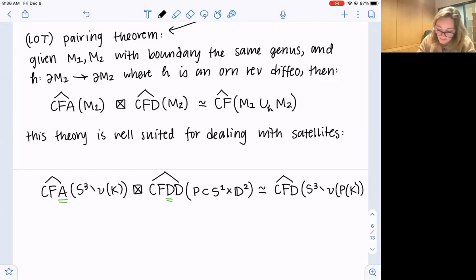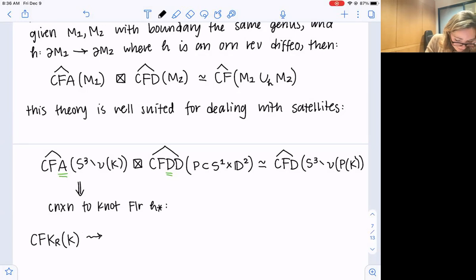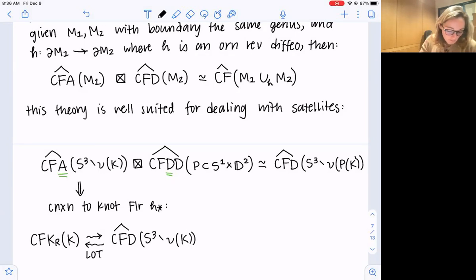And why this is a useful thing to have is from the following. This is maybe the connection to knot Floer homology. If I have the knot Floer complex of a knot, I can quite easily convert to the type D structure of the knot complement. And this is just due to Lipshitz, Ozsváth, Thurston's original work.